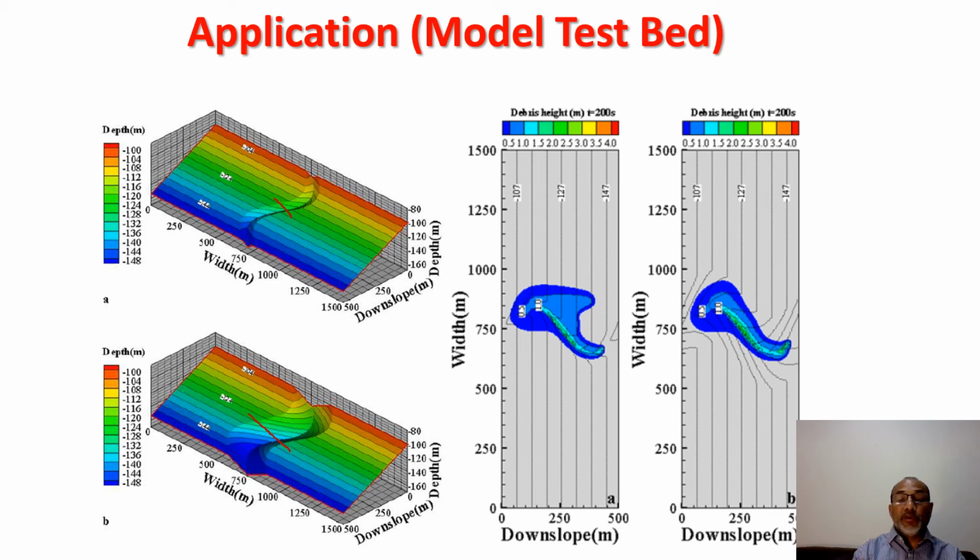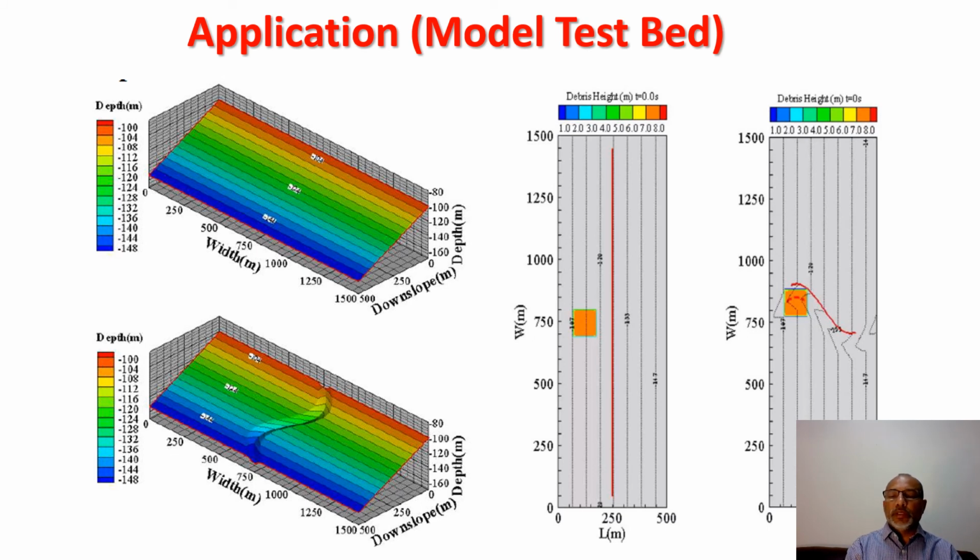For example, in the narrow canyon flow, we see a lot of spillage from the canyon, but in the wide canyon, most of the flow remained within the canyon, and we observed very little spillage outside. This kind of information is important to understand some of the avoidance zones as you plan for pipeline routing.